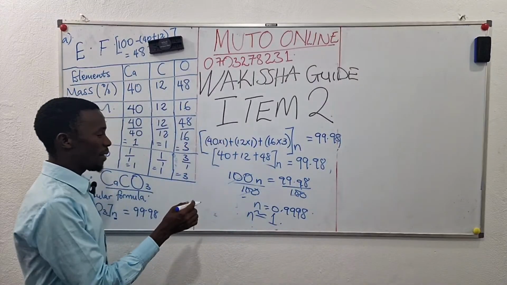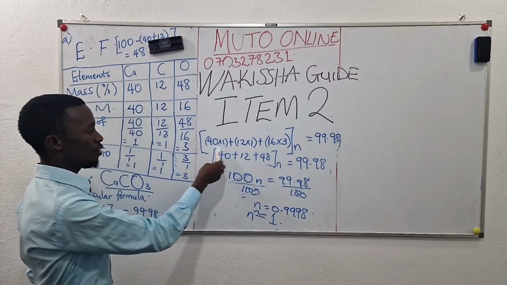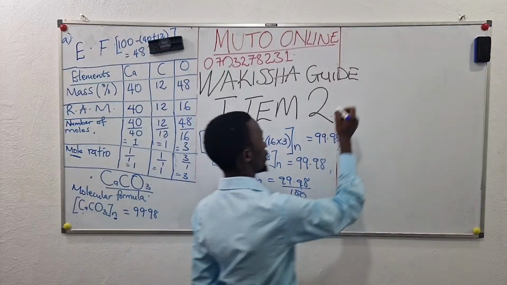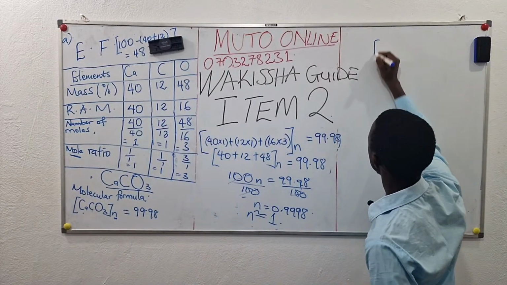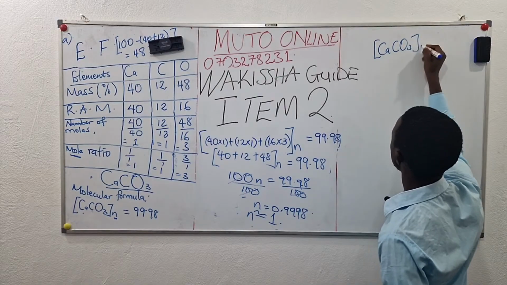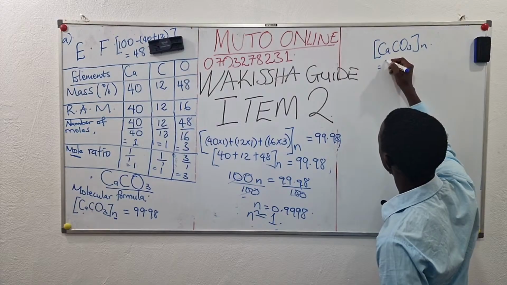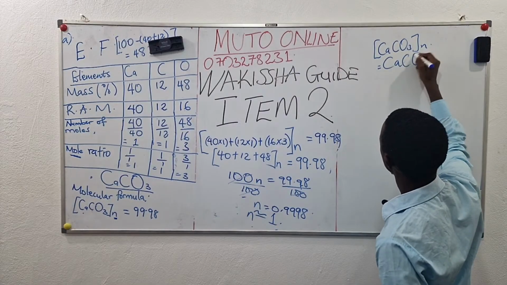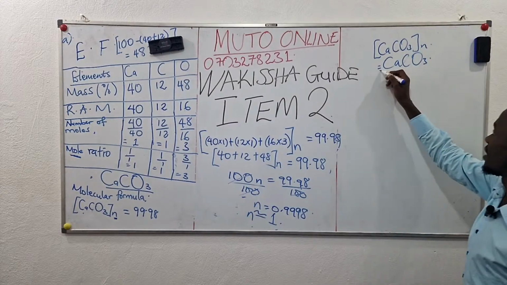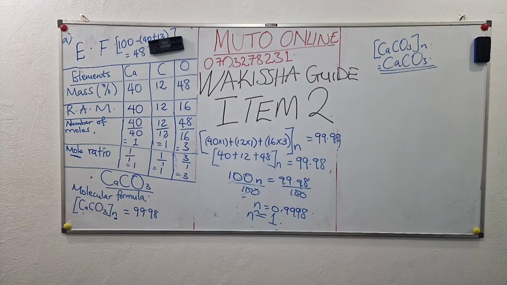So the actual number of moles of each of these elements in the compound is 1. So we shall bring it and put it in the formula. The simplest formula was this. Since our n is 1, the actual formula of the compound is this. This is the formula the examiner wanted, or the setter of the item wanted.